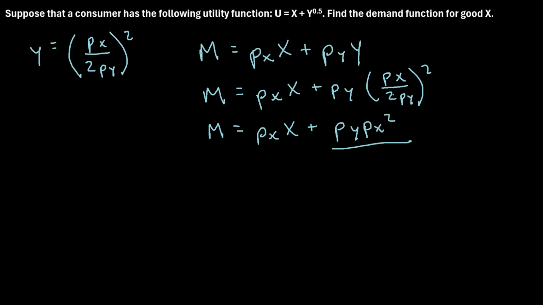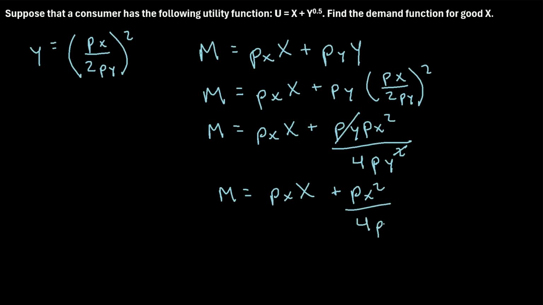In the denominator, we square the 2, which is 4, and then we square the price of y, which is the price of y squared. We'll notice that the price of y cancels out with one of the price of y's in the denominator. So we'll be left with plus the price of x squared over 4 times the price of y.